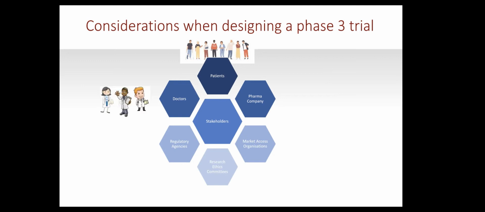And equally, the study has to be compelling to doctors. There has to be a prospect of providing valuable data in the treatment of disease. Then we have regulatory agencies, and we have to ensure that the measurements that we're making and the results which we're going to generate are in line with what they need to see to be able to approve a product.